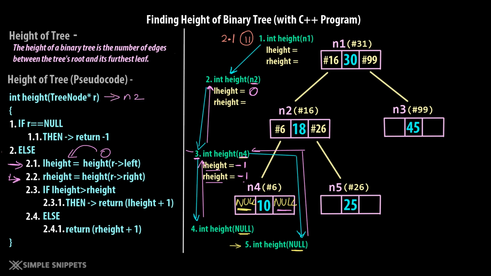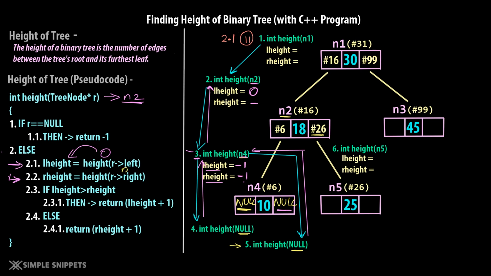So at step number 2.2, we are giving one more recursive call. You can see we are saying R height. So we are now calculating the right height, and we are saying R height equals height, which is another function call, the sixth function call. And this time we are saying R of right. R, as I mentioned, is n2. What is there to the right of n2? You can see it is #26, which is the address of n5.